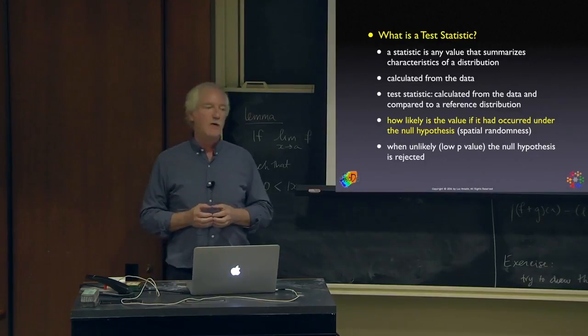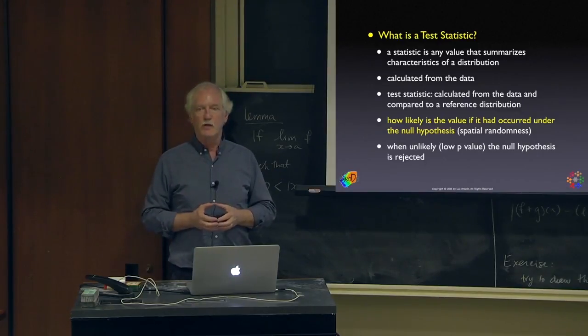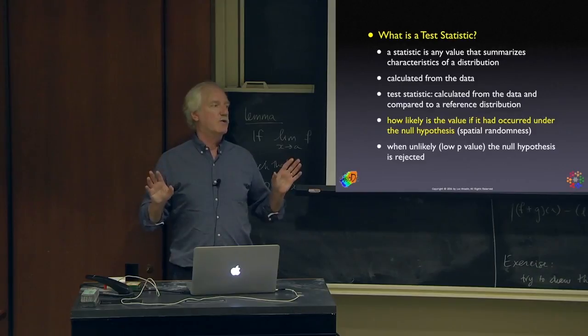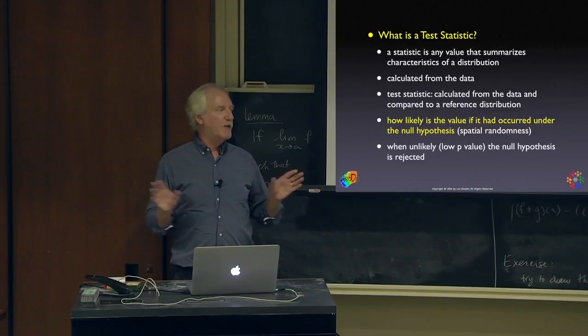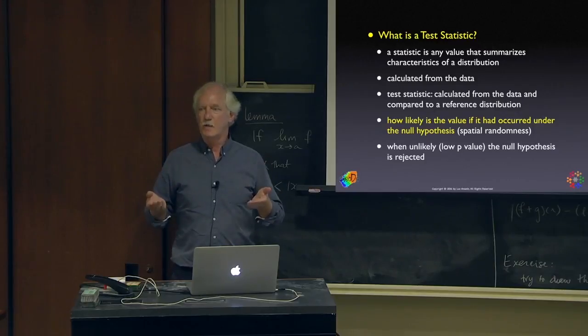So we have to figure out formally the distribution of the test statistic under the null hypothesis. So assuming no spatial autocorrelation, assuming spatial randomness, what are the likely values of the statistic?